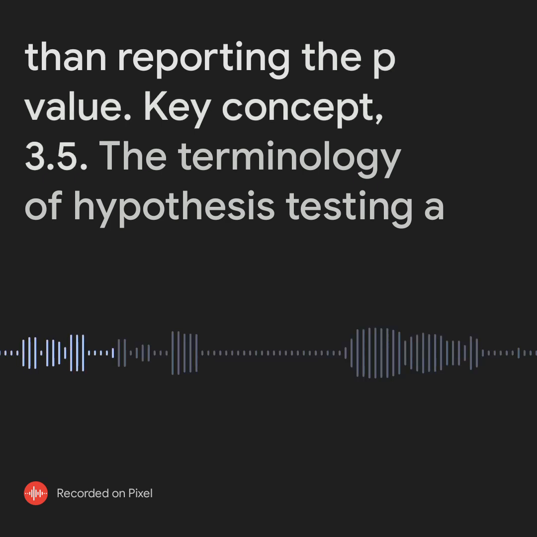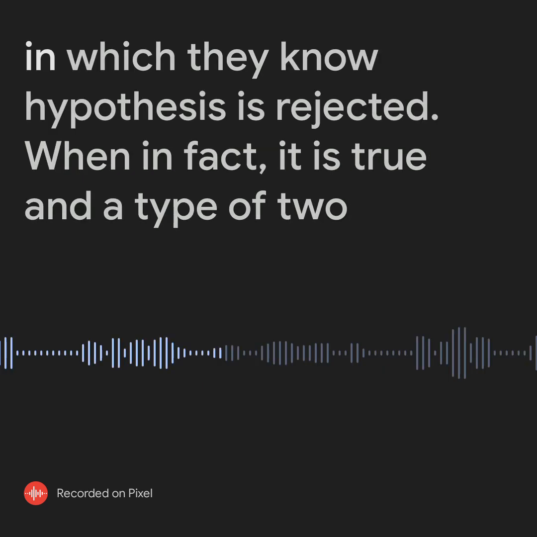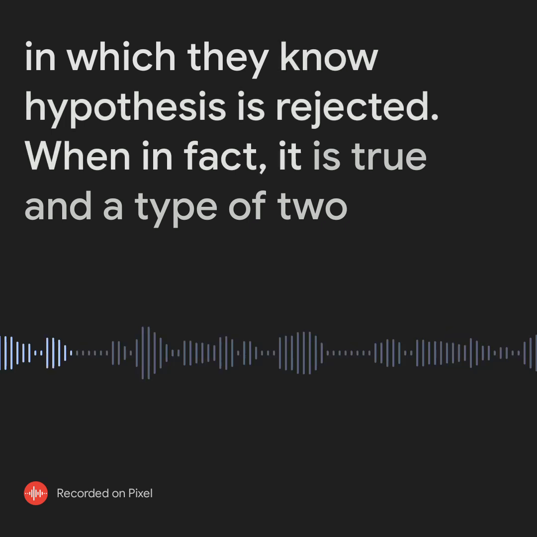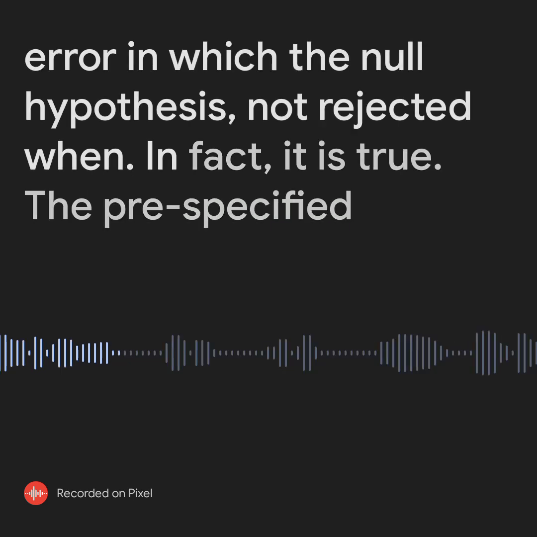Key Concept 3.5: The terminology of hypothesis testing. A statistical hypothesis test can make two types of mistakes: a type 1 error, in which the null hypothesis is rejected when in fact it is true, and a type 2 error, in which the null hypothesis is not rejected when in fact it is false.